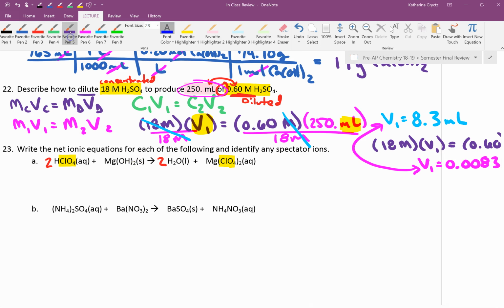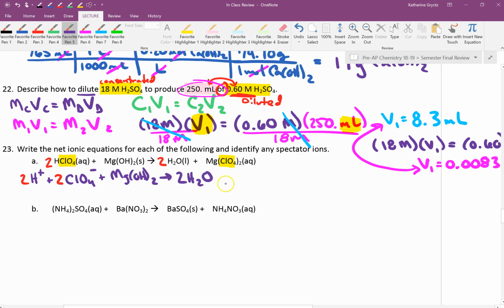Then remember that the positive always comes first. So when we rip this apart, it's going to rip apart into H plus and ClO4 negative. But because that 2 is out front, the 2 is going to go with both of them. The Mg(OH)2, it says, is a solid. Leave it alone. It's less work for you. Water, it says, is a liquid. Leave it alone. We're not going to rip it apart.